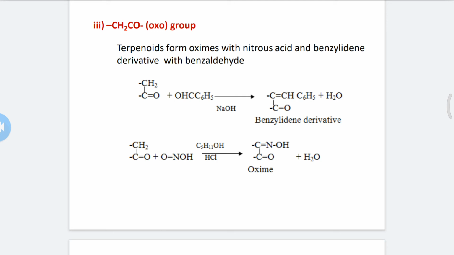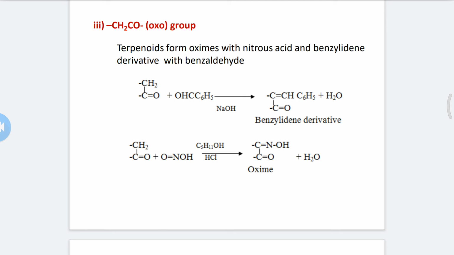Suppose a compound containing oxo groups reacts with an aldehyde in the presence of sodium hydroxide to form a benzylidene derivative, and this confirms that the terpenoid contains an oxo group. The oxo group is CH2-C=O, and it reacts with the aldehydic group to form the benzylidene derivative.